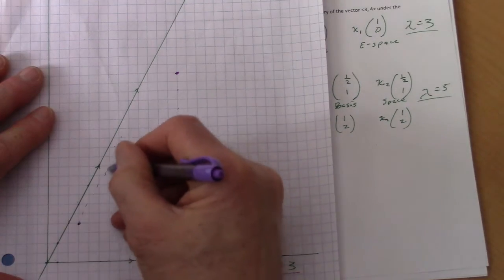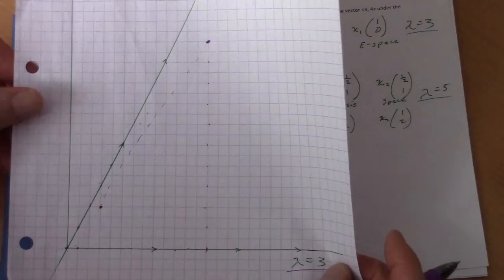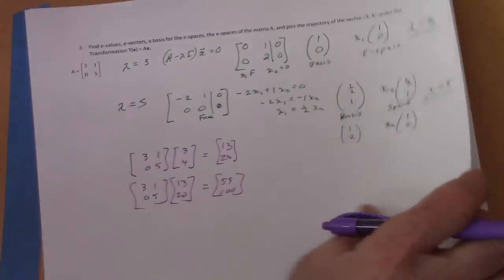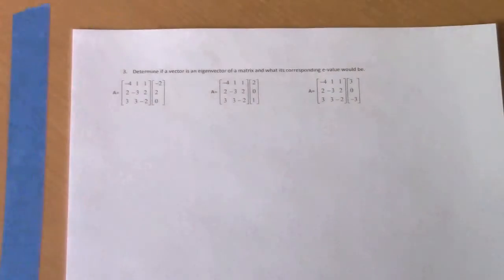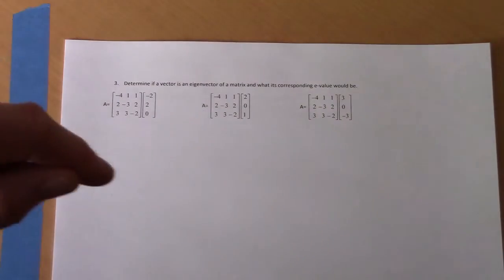I mean, you could go like this, say, okay, it goes along there. That's the trajectory at first of that particular vector for at least one iteration. I'm going to continue the next 2 problems on another video.